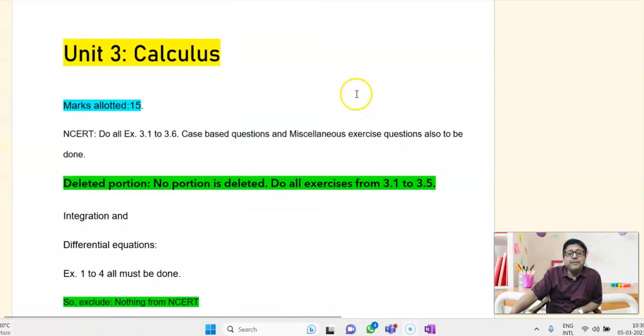My preferred support material will always be NCERT: do all exercises from 3.1 to 3.6. Case-based questions and miscellaneous exercise questions also have to be done. This is true for all chapters. And solve the examples also, I am telling you repeatedly. Because Applied Mathematics Code 241, this is the second batch that is going to answer this year's paper.